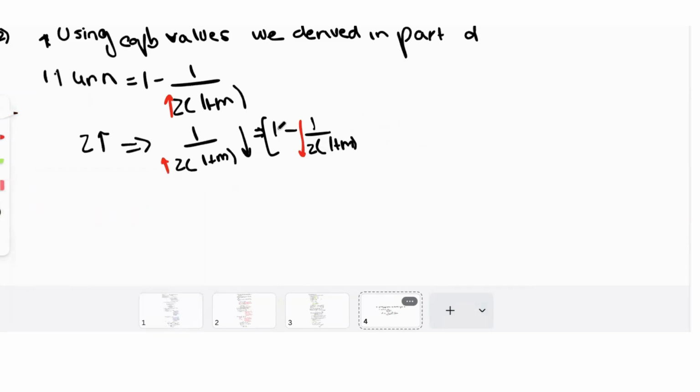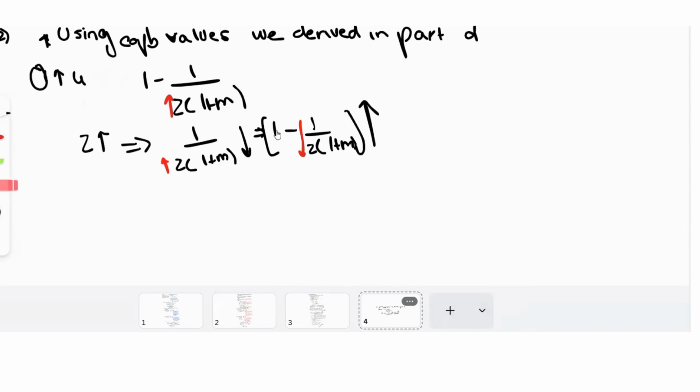So UN goes up. When the denominator increases, the overall value of the fraction decreases. From 1, you're subtracting a smaller number than before, so this value overall increases. So UN essentially increases here, it doesn't decrease.